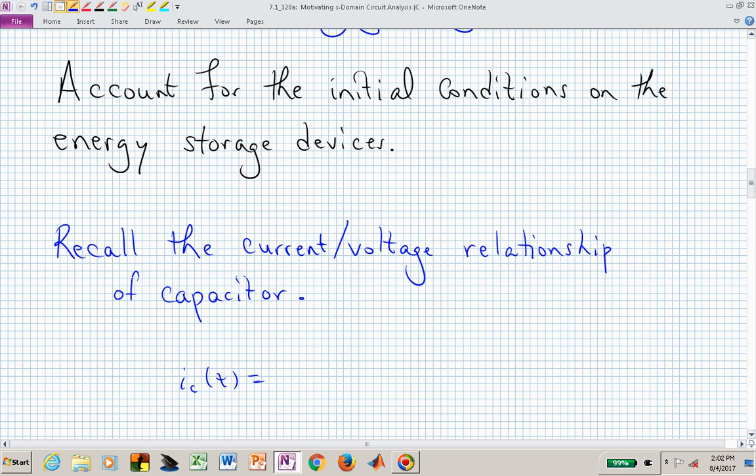Remember what we have for a capacitor. Hopefully you won't forget that you have Eli the Iceman, and for the capacitor you have ICE. So I sub c of t is equal to C dv sub c of t dt.